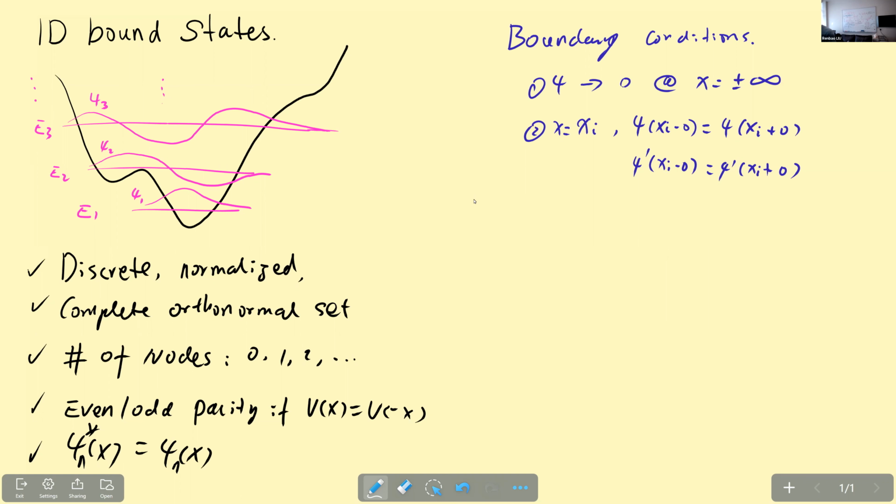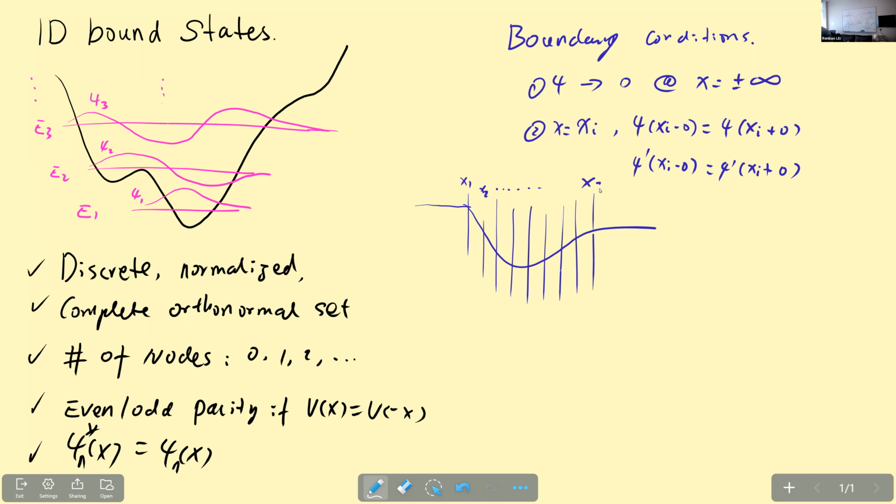And suppose we divide the potential into, say, if I have such a potential, we can divide it into different regions. So this is x1, x2, this is x_i. Altogether you can see that in each section, psi(x) can be written as a_i e^{ik_i x} plus b_i e^{-ik_i x}.